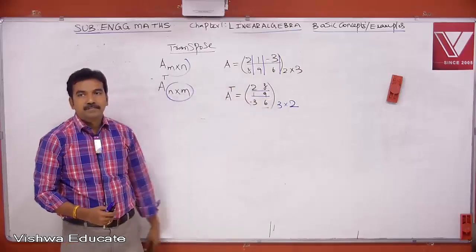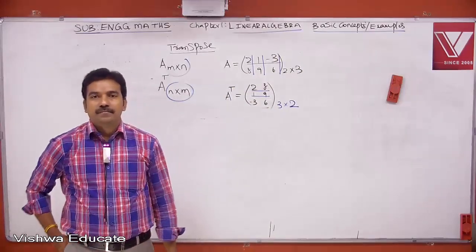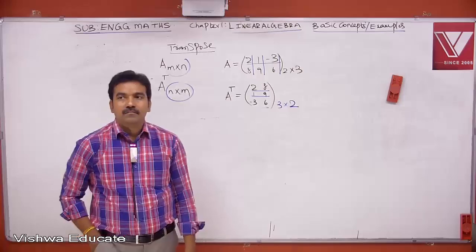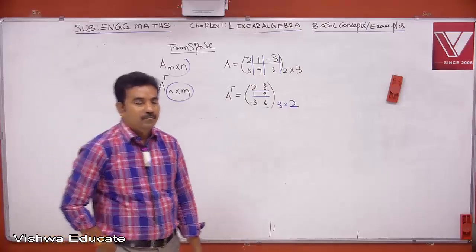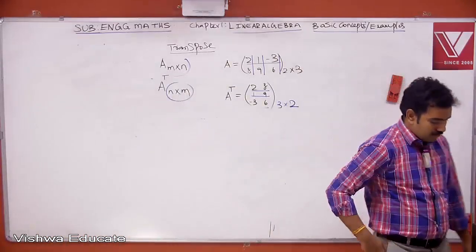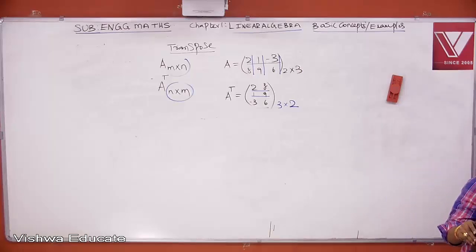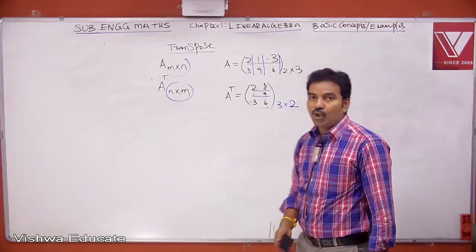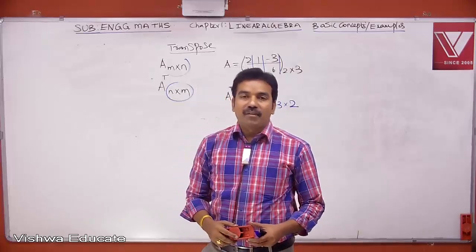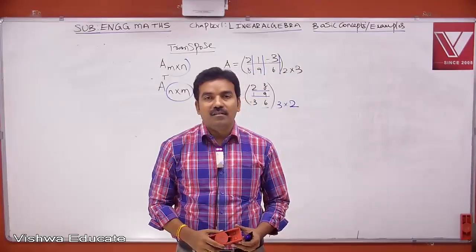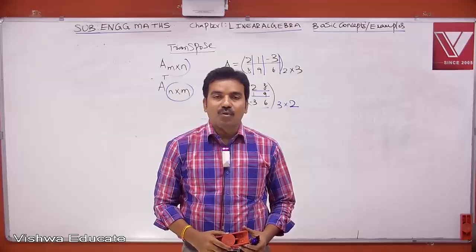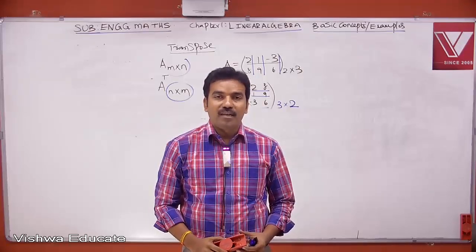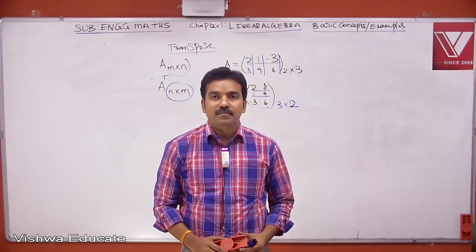Write this example. Note, if the size of capital A is m cross n, then the size of A power T is n cross m.